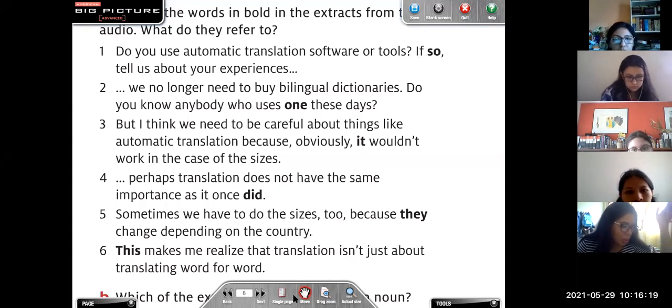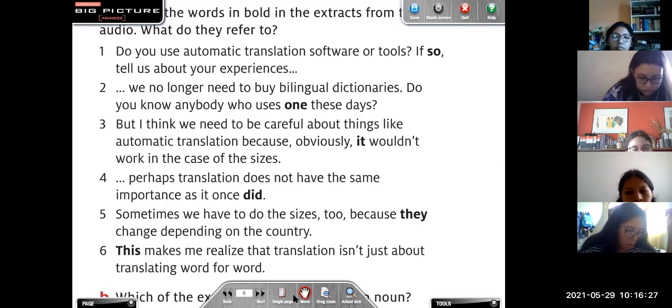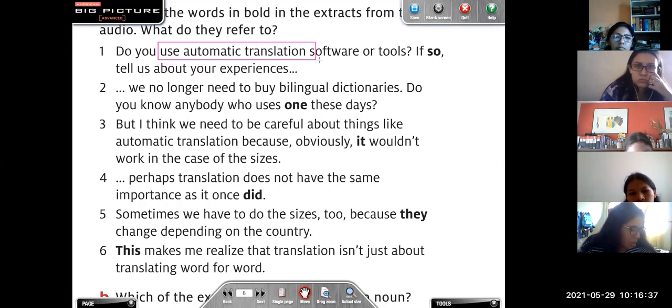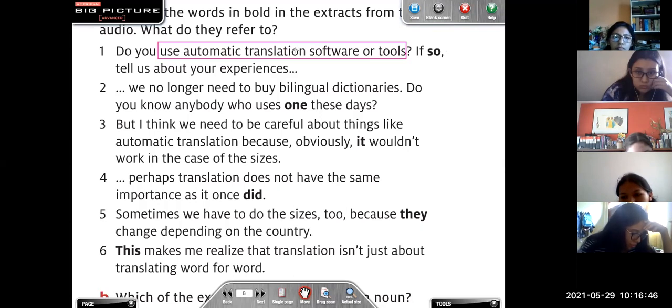Anybody else? Maybe it refers to if we use one tool. Yes, very good. Both are correct. So if we use automatic translation software or tools. So "so" refers to this whole idea, right?